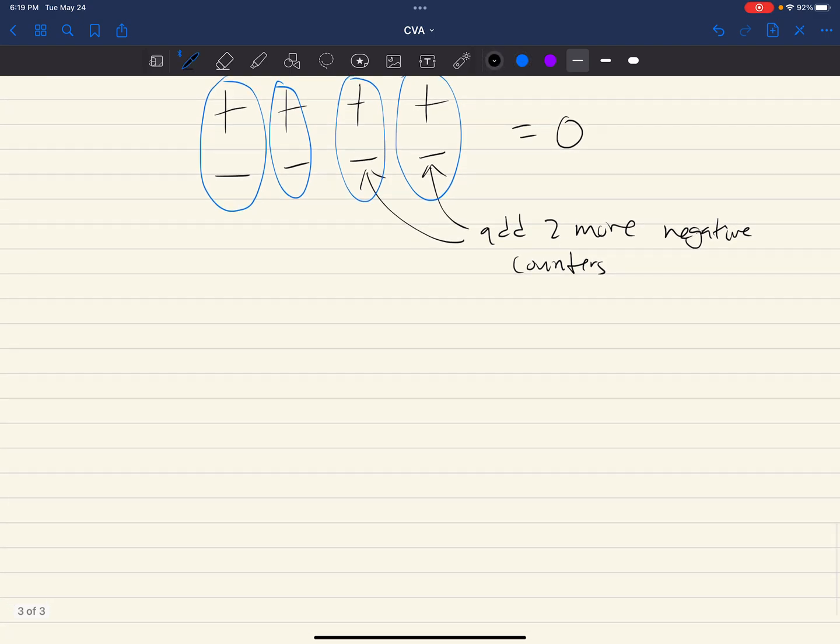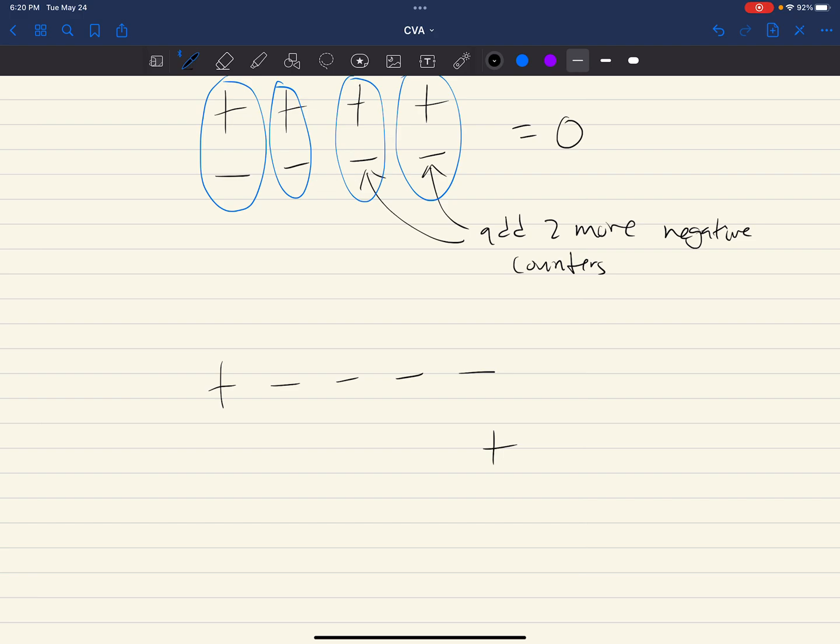So let's just do one more practice. I have something like this, and I don't know, let's put the plus right there, okay? I want you guys to pause the video real quick and find out which counter I need to add to this diagram here to get a 0 value.